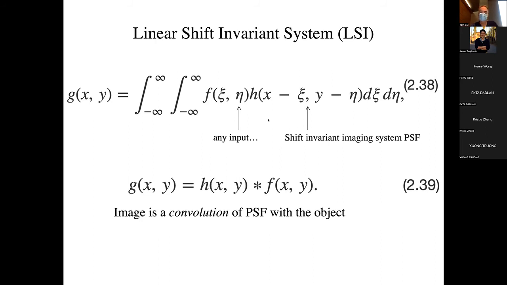And convolution is used all the time in imaging analysis and image reconstruction, and is now used all the time in deep learning.